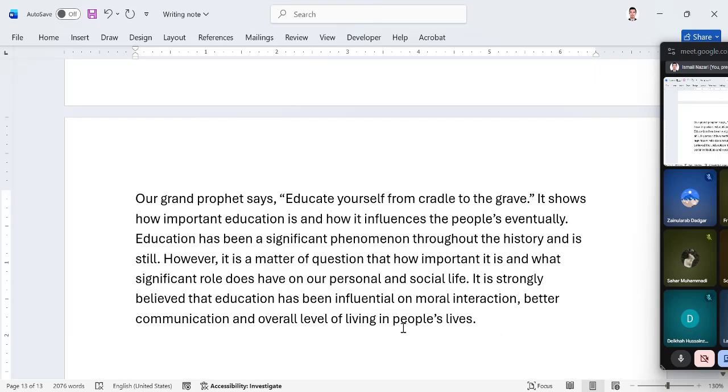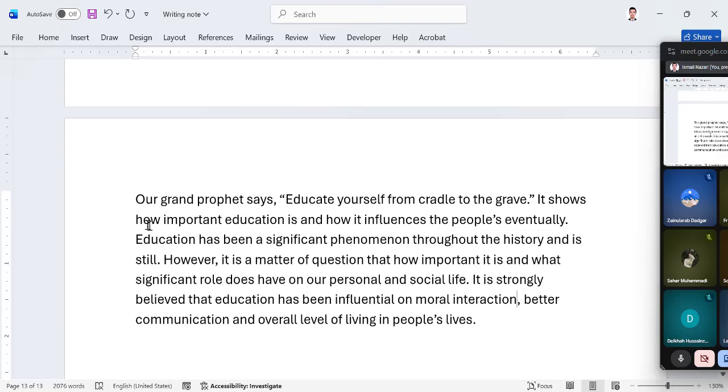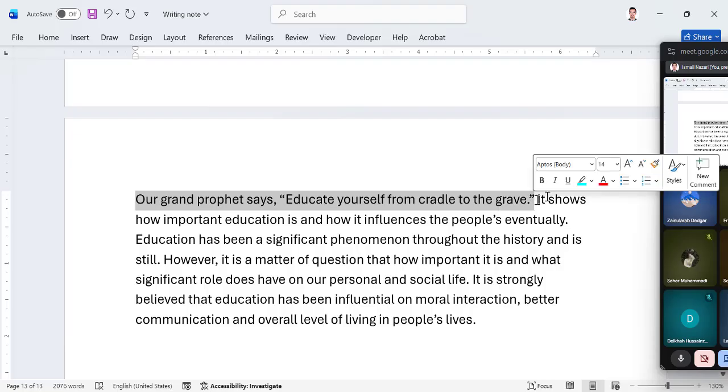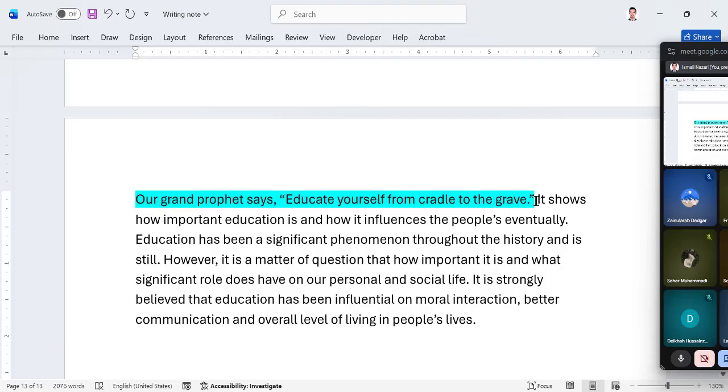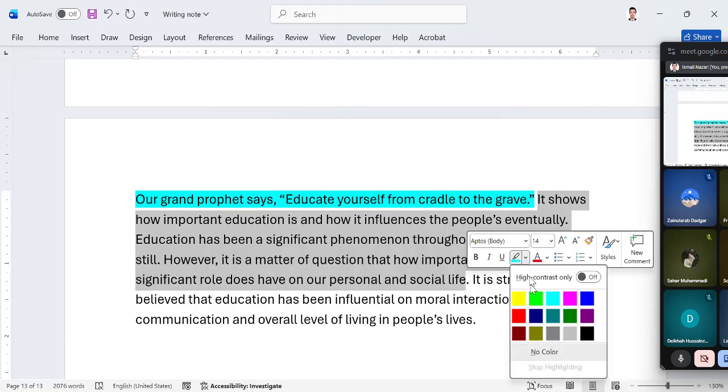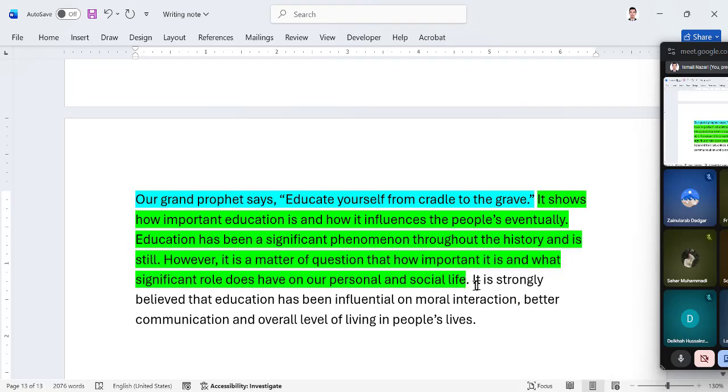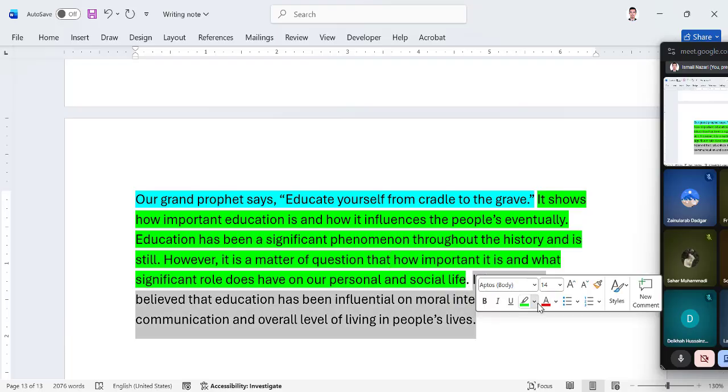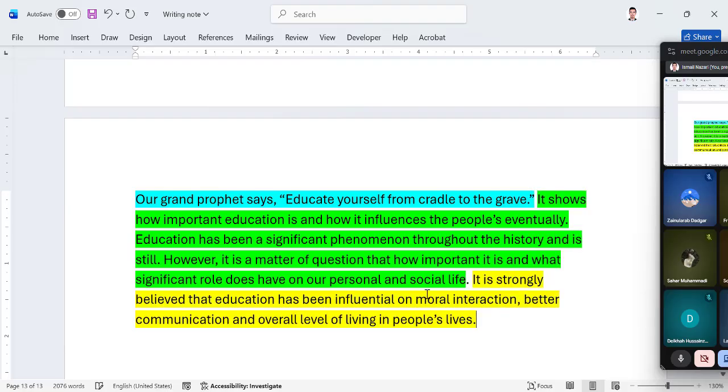Now, let me identify here again. The first part was a hook. We used quotation. Now, from this up to social life, it is our connecting information. And lastly, we have the thesis statement.